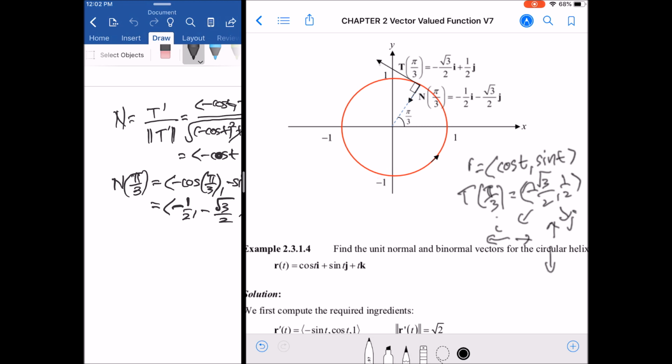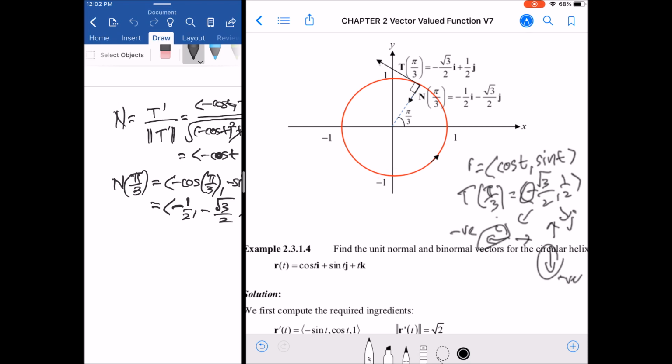So the negative value implies left, and a negative value for j implies downward.